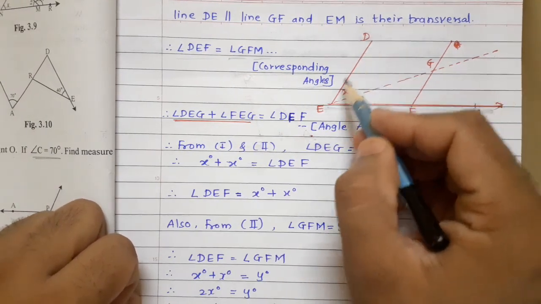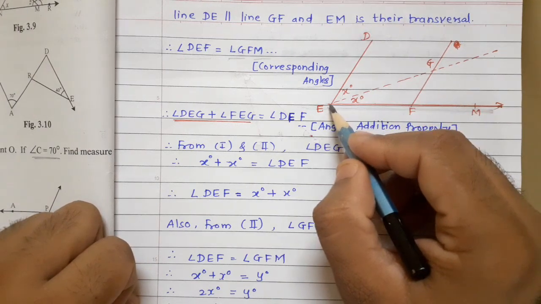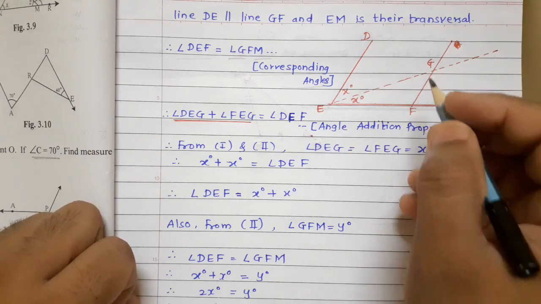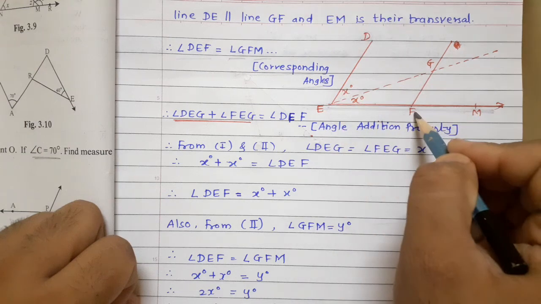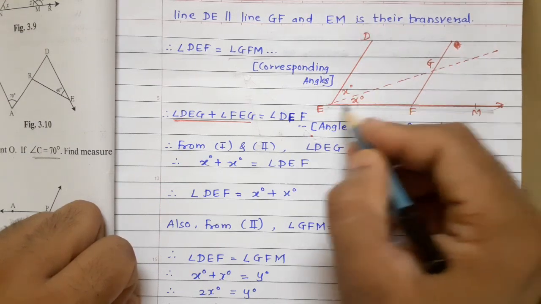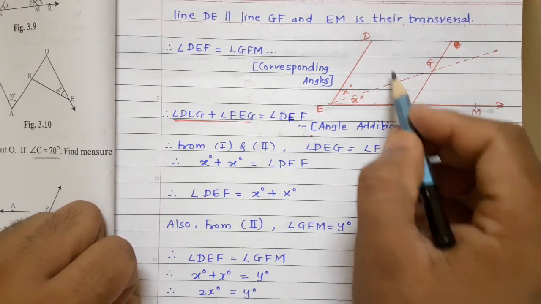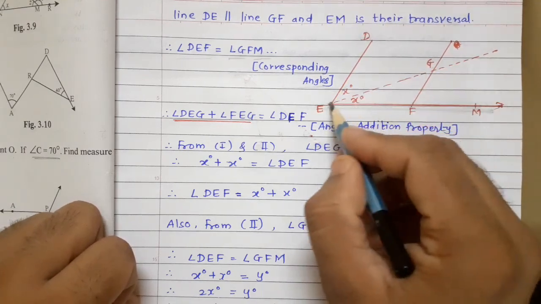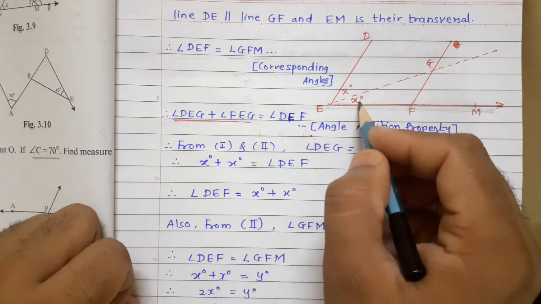See, angle DEF is divided into two equal parts due to this bisector FEG. So we can write angle DEF is equal to angle DEG plus angle FEG, because angle DEF is divided into two parts, angle DEG and angle FEG, and the whole angle is obtained by adding these two angles.